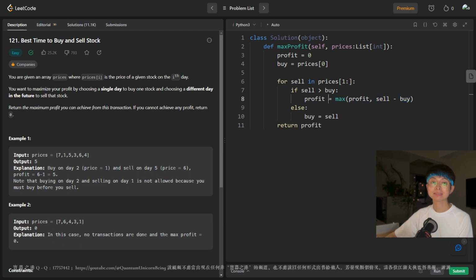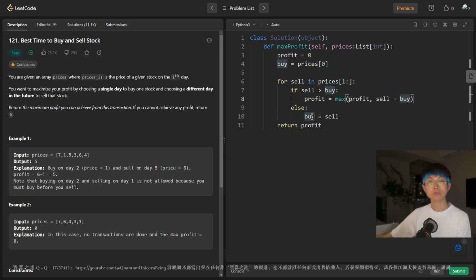The max function is used to update profit with the maximum value between the current profit and the newly calculated profit. This ensures that profit always stores the maximum profit seen so far.